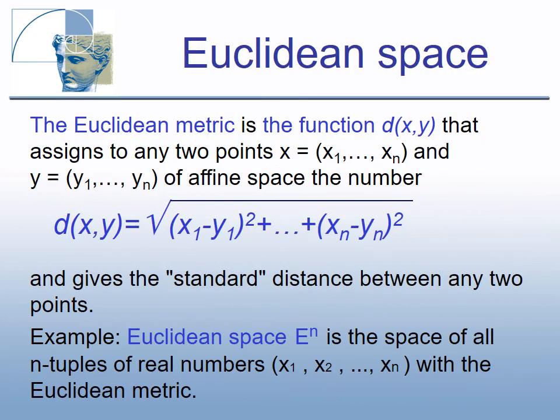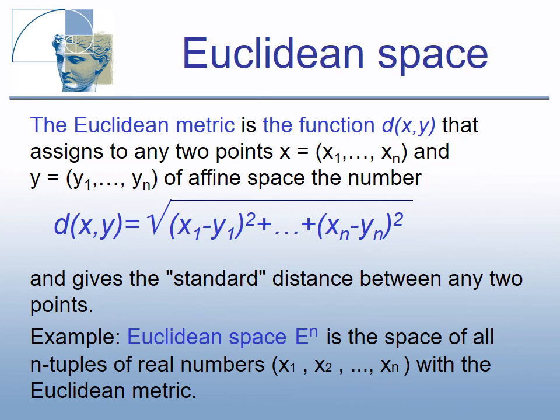So now we come to the Euclidean space. Actually, it is just a particular example of metric affine space, where the metric is defined as the function d, you already know it from school and university, and it's presented in this slide.